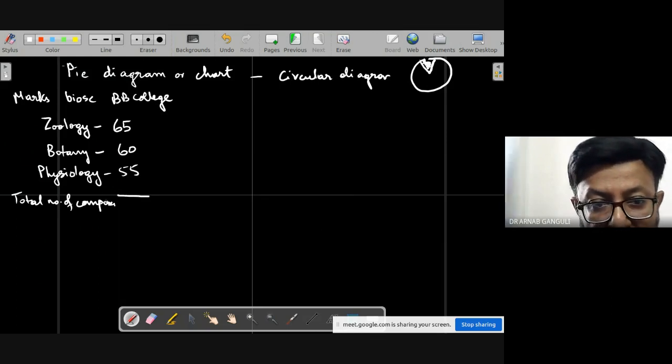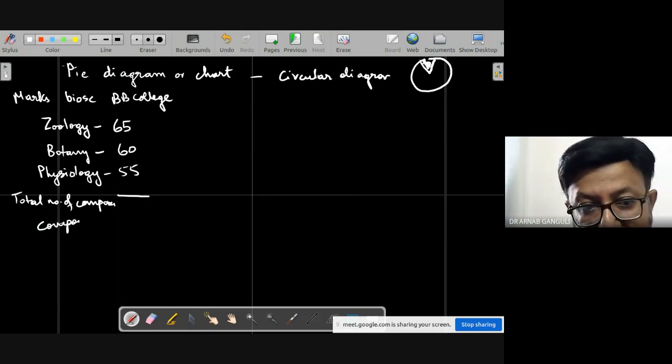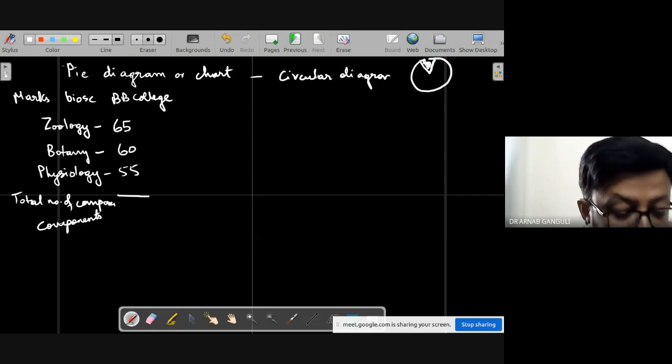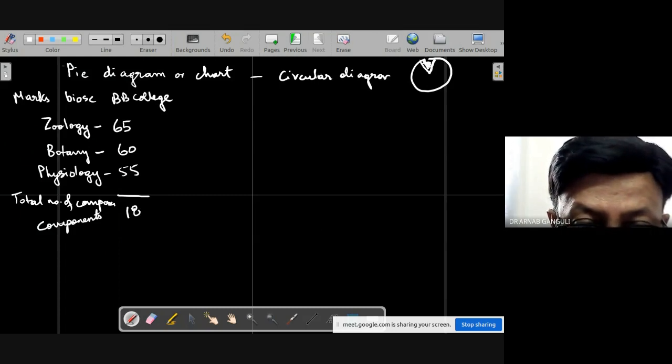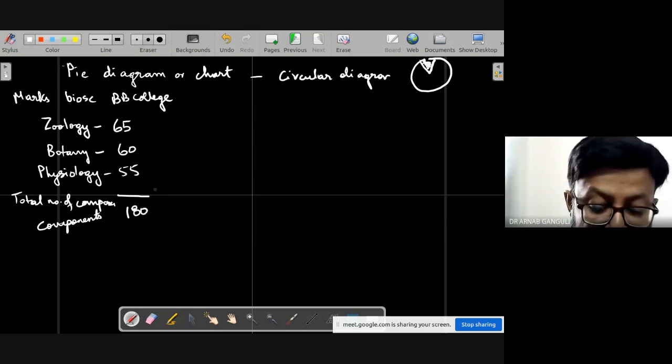If you add components, you add all these marks: 65, 60, 55, and you get 180. This is the total number of components.